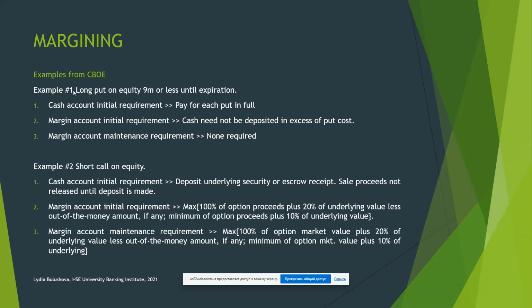So if I'd like to purchase a long put, I have to pay the premium for this put in full at the moment of contract purchase. Margin account initial requirement, the second line: cash needs to be deposited in excess of put cost.